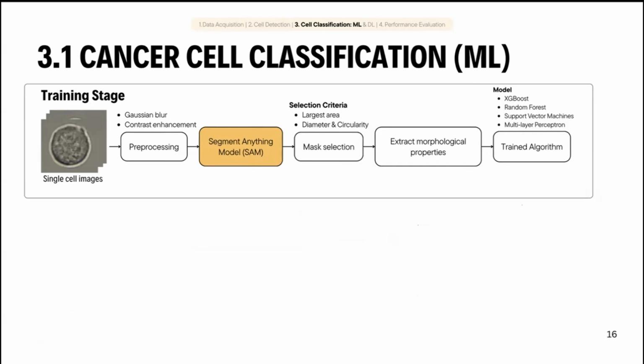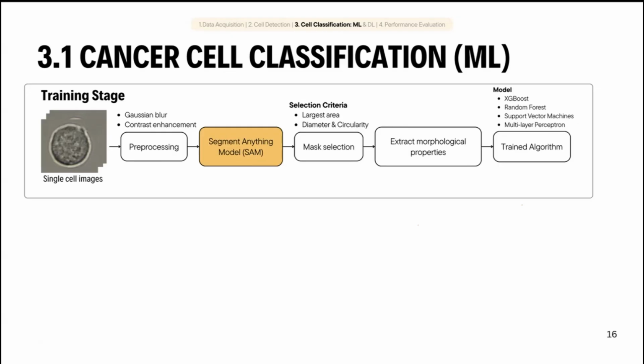So for the first one, we preprocess the data by applying Gaussian blur and contrast enhancement, which will help the Segment Anything Model to clearly identify the possible mask, and the mask will generate possible masks into an array, and we will set the criteria for selecting the mask based on the largest area, specify the diameter that wouldn't exceed the maximum of image shape, and also the circularity that will help to sort out the invalid shape. After that, the morphological properties are extracted and stored into the data frame.